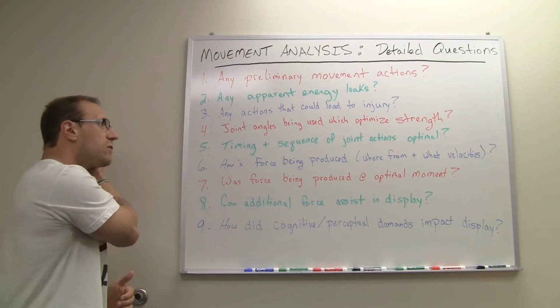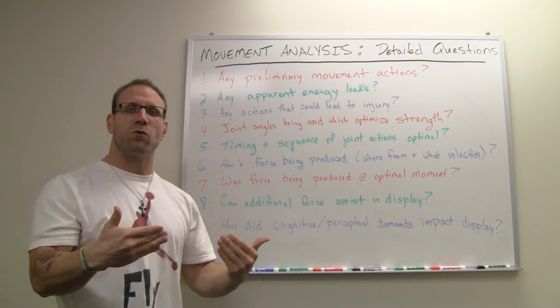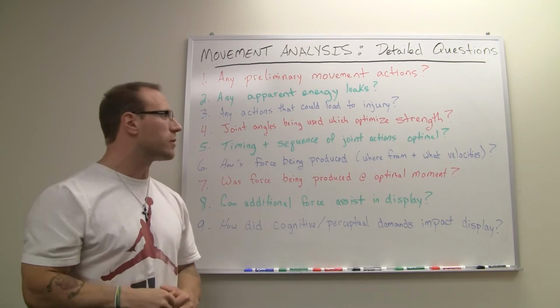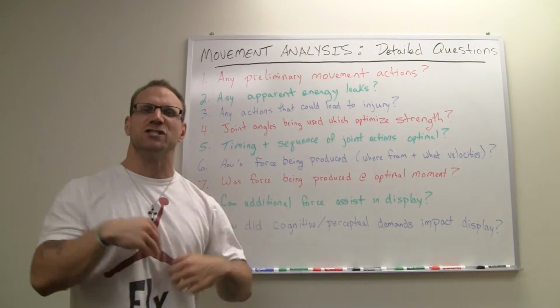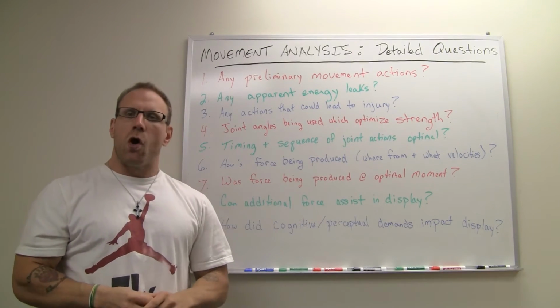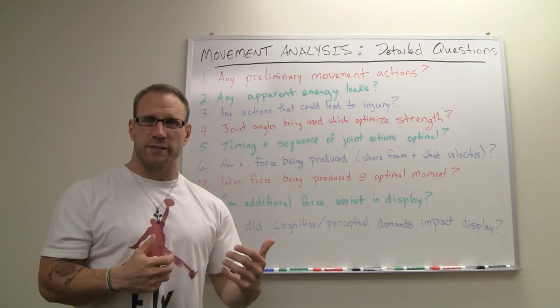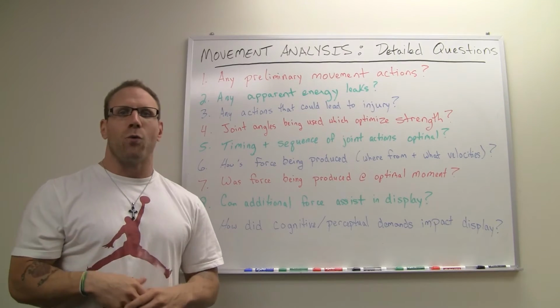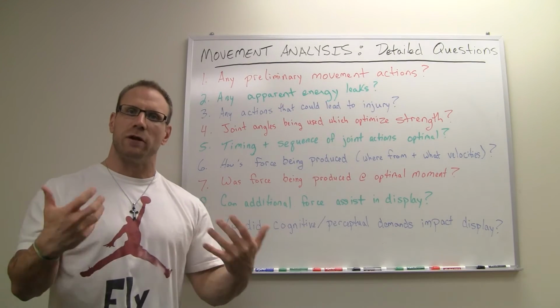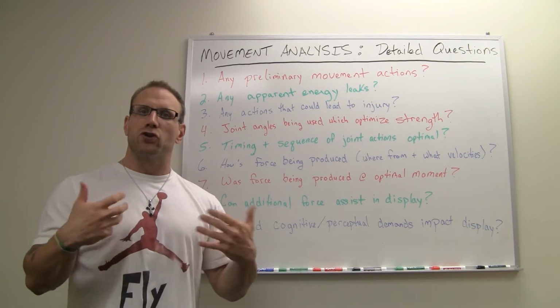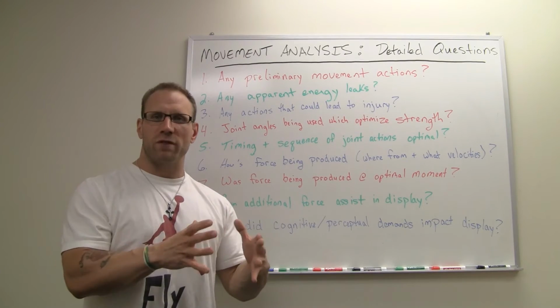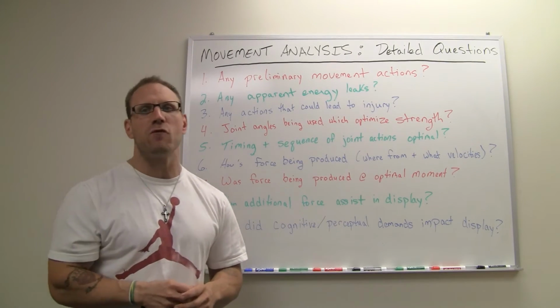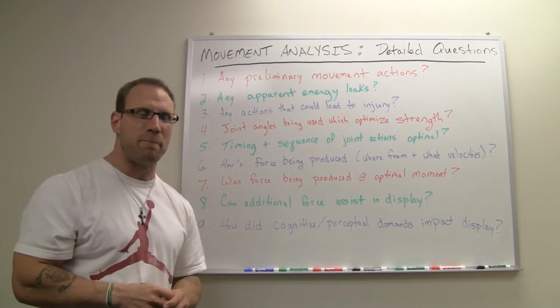To add on to this, we look at the timing and sequencing, the kinematic structure, if you will, of the joint actions. And was it optimal? Were we working from proximal to distal? Or were there certain things occurring where we were having joint actions in body segments producing force before they were supposed to and before prime movers could actually contribute to the movement pattern?